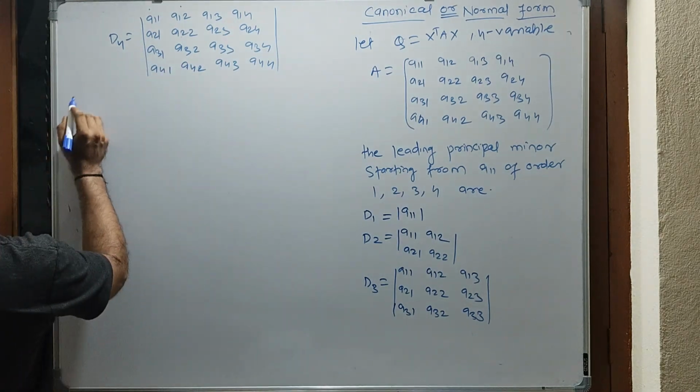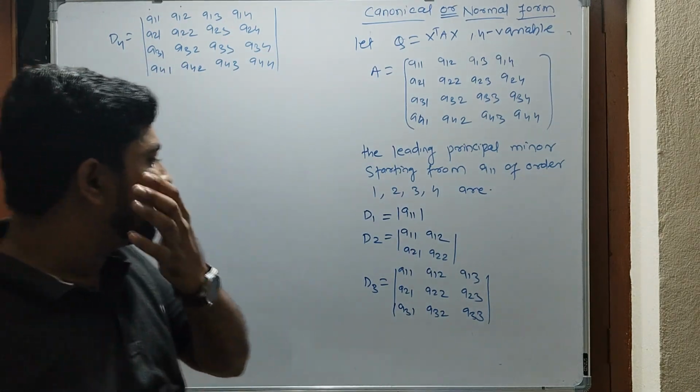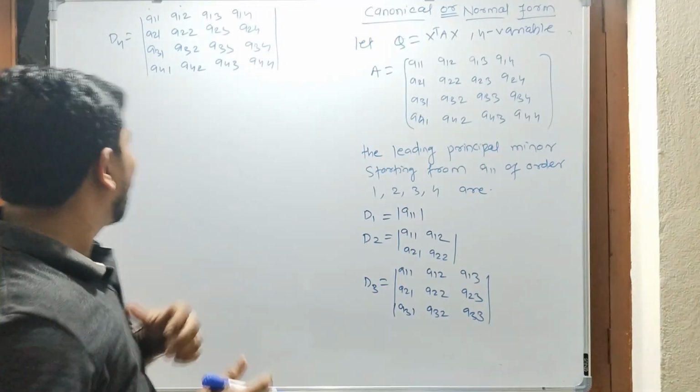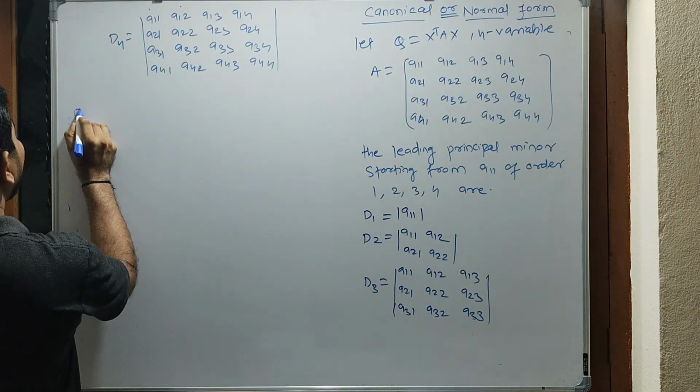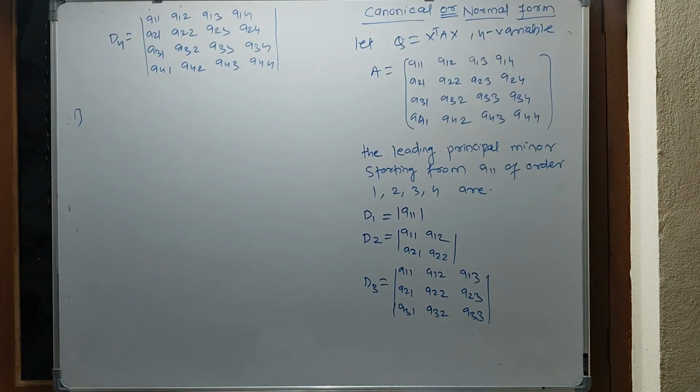So here based on the sign of D1, D2, D3, D4, I want to define the nature and value class of the quadratic form.